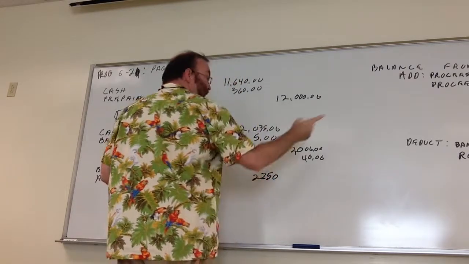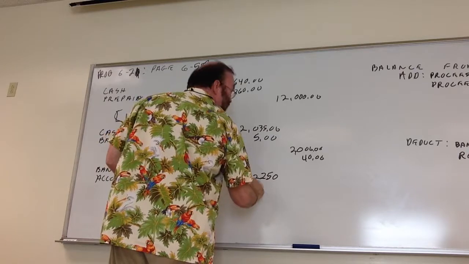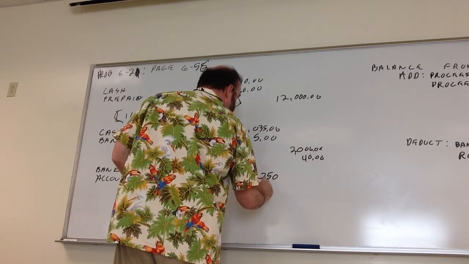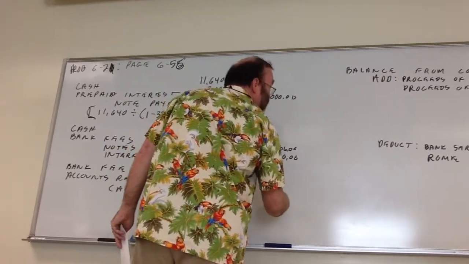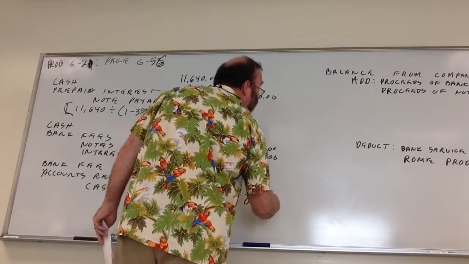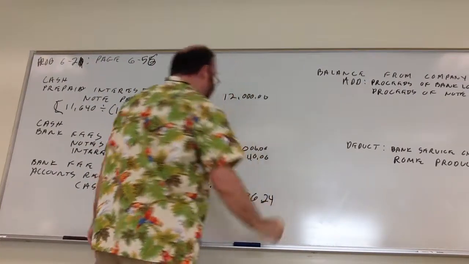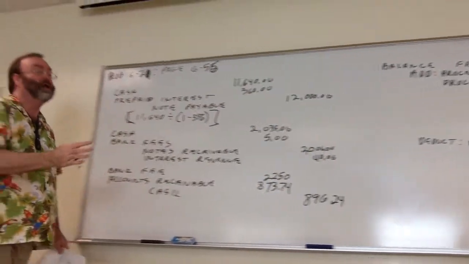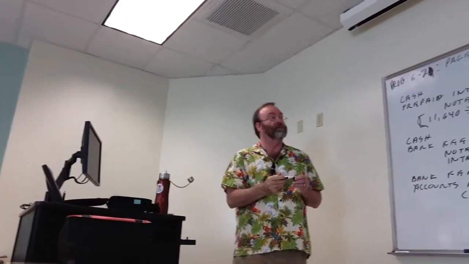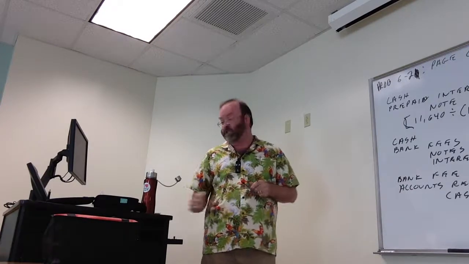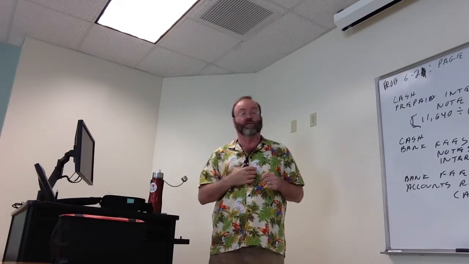And then you need to add back that Rome check that only had one signature on it, $873.74. So the debit to cash is $896.24. And at that point, your cash balance will reflect the correct amount of $71,867.22.